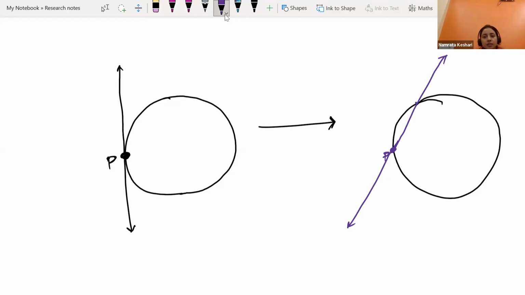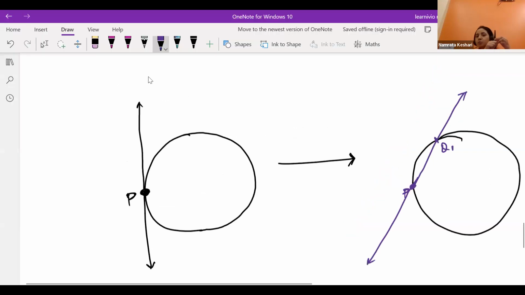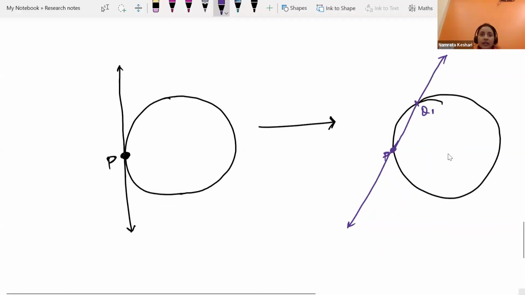So it will touch the circle, maybe let's call at a point Q1. Are you agreeing that it can look like this when we are tying it at a point P? Yes. Calvin, are you getting it? Yes, ma'am. Everyone getting it? That if you will tie it at one point only, there is a chance that it will move from here. So it can look like this. Whatever I have drawn on the screen, it can look like this.